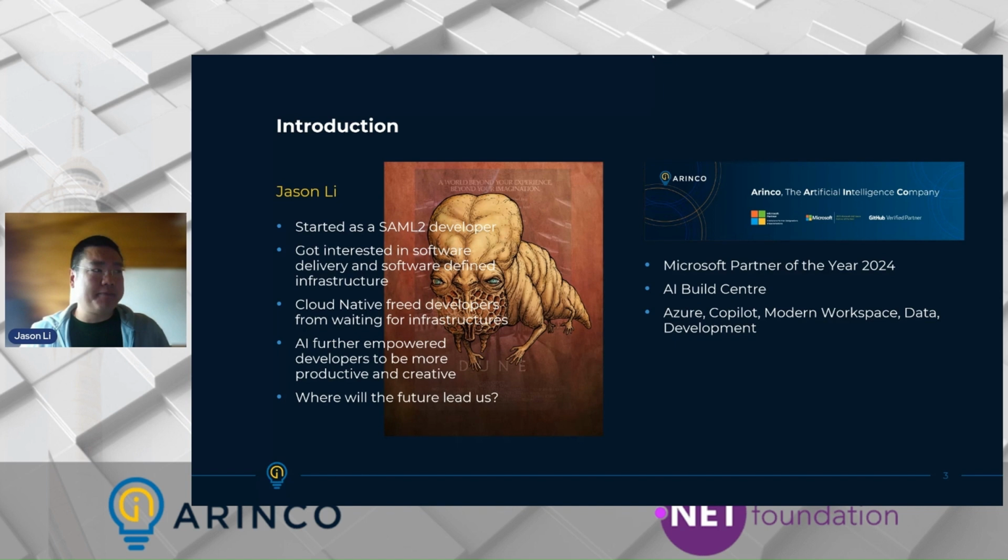With the maturity and popularity of cloud native technologies, it definitely helped free us developers from waiting for infrastructure. We're able to define the infrastructure that is most suitable for our application to be hosted on. And recently, with the wave of AI assisted coding with GitHub Copilot and other AI coding assistant tools, it makes us as developers even more productive and creative.